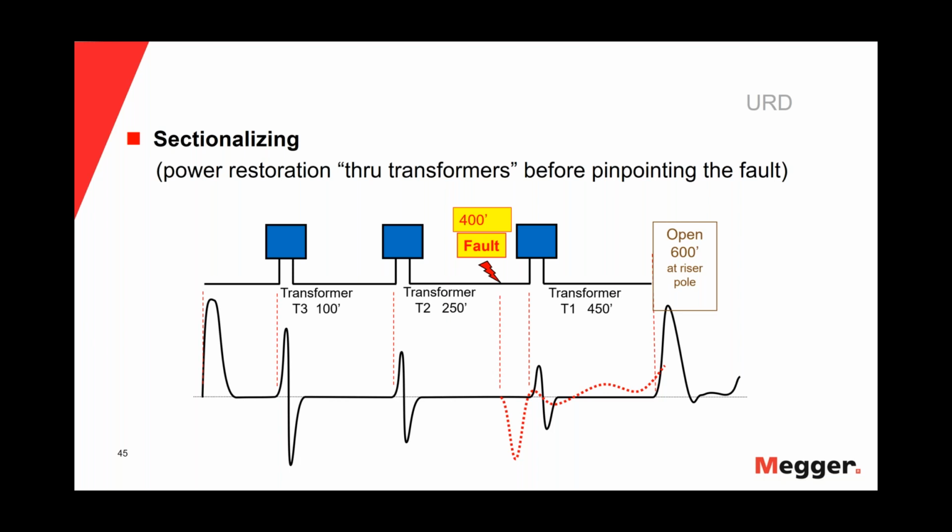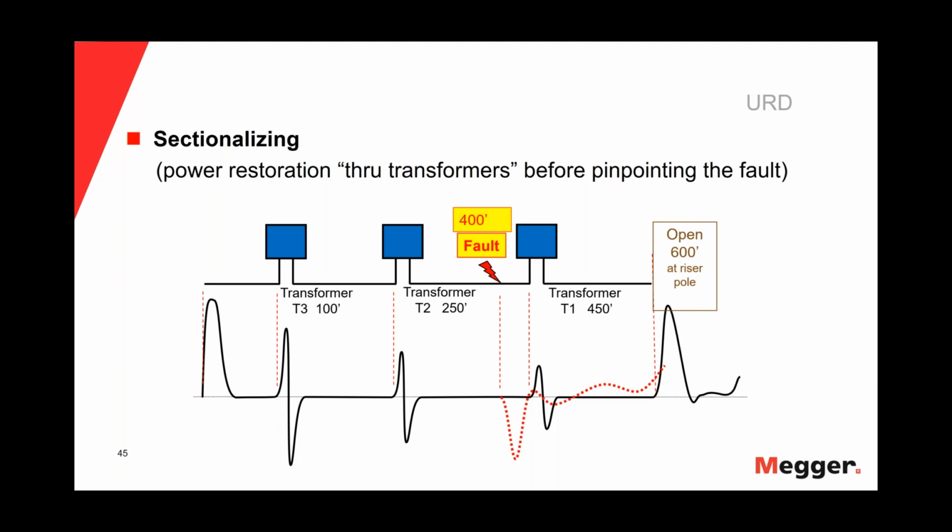If we connect a TDR to this circuit, down at the bottom of the picture, you can see the black line represents the low voltage TDR trace. And you'll notice how there's a reflection off of each transformer. And of course, a very strong upward blip reflection at 600 feet at the riser pole. Then if we take our thumper and we do an arc reflection shot where we put a single pulse of energy through this circuit to create an arc at the fault, we'll get a second trace.